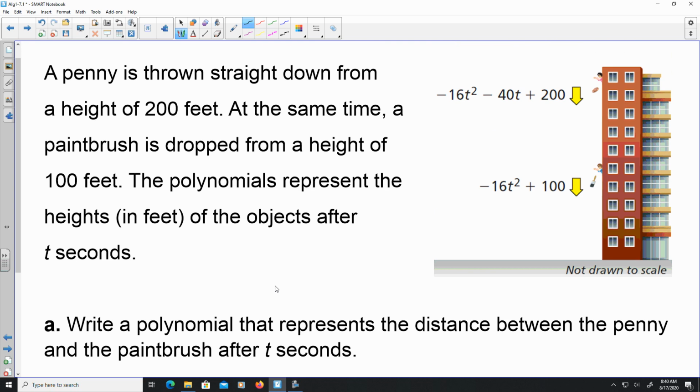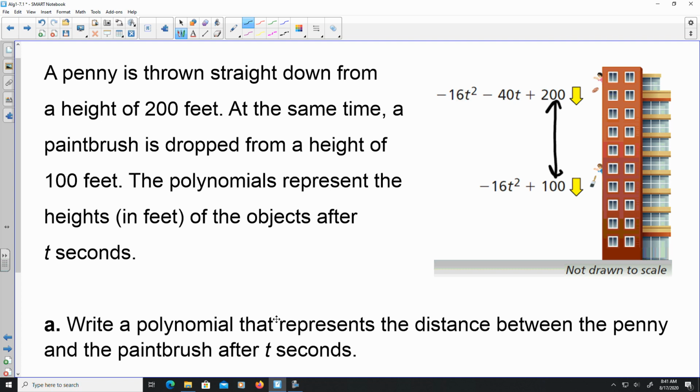All right, so if you think about this, if you took away the variables and just concentrated on the height itself, and you were trying to say, what's the difference in height between these two objects, the penny and the paintbrush? You're looking at a difference problem because you're just going to take 200 and subtract 100.